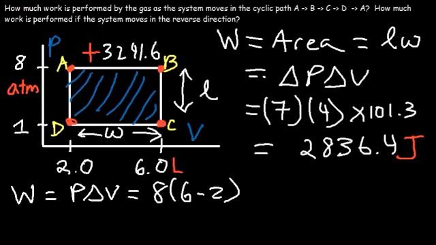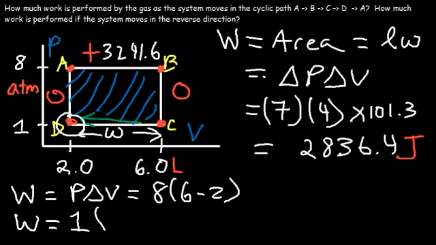Now the work done going from B to C, that's an isochoric process. And as a result, the work is 0. So from B to C and D to A, the work is 0. So now we need to calculate the work going from C to D. So the pressure is now 1.